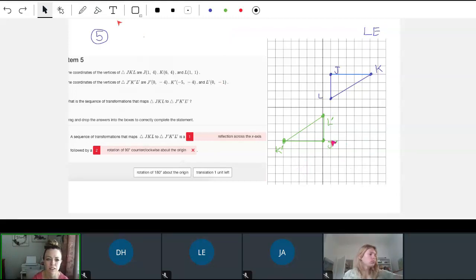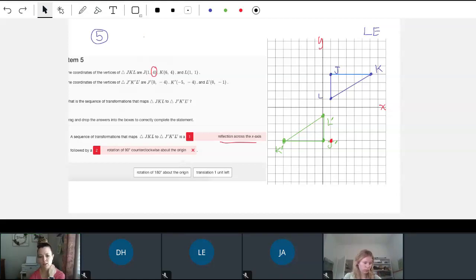Okay, so this is the x-axis. This is the y-axis. So yes, exactly. If I reflect point J, right now, if you look at the coordinate, it's 4 above the x-axis. If I reflect it across, it's going to be 4 below. So it would be where that red dot is. Okay, so that would be if I applied this first transformation.